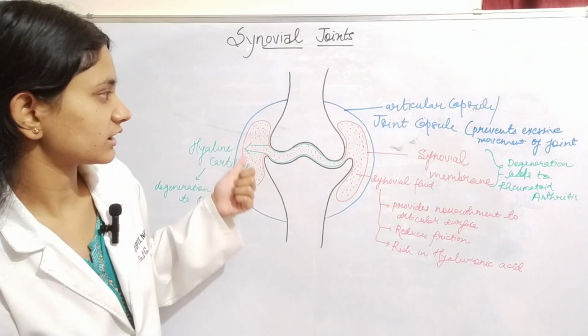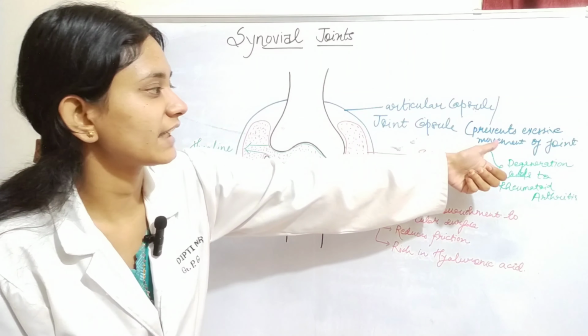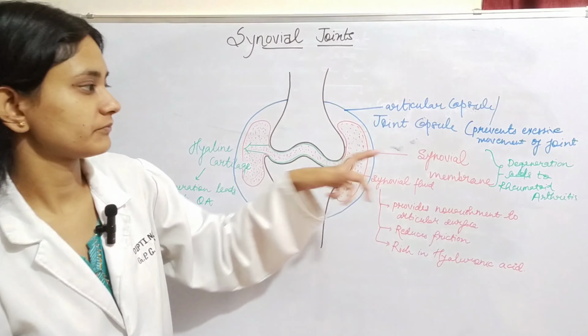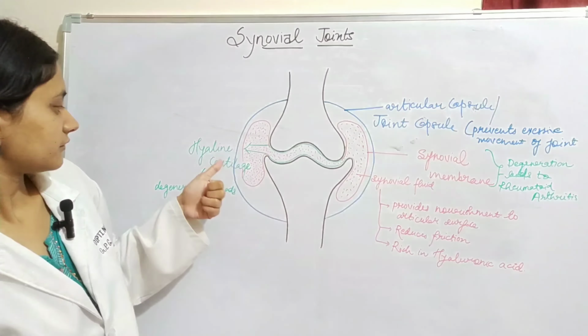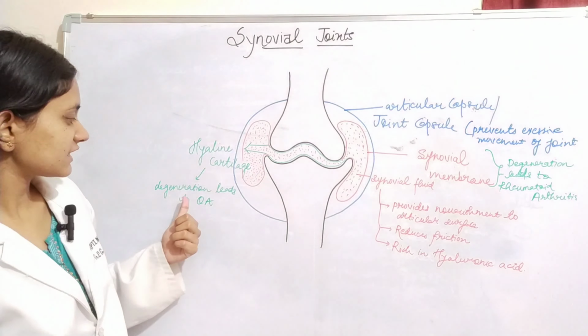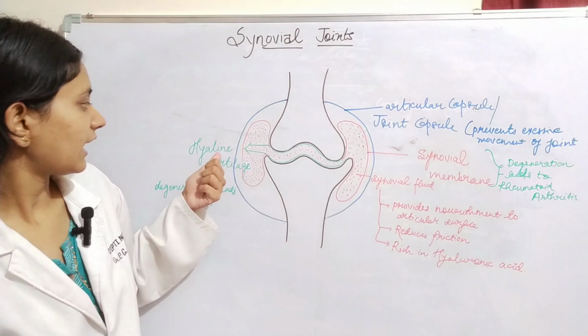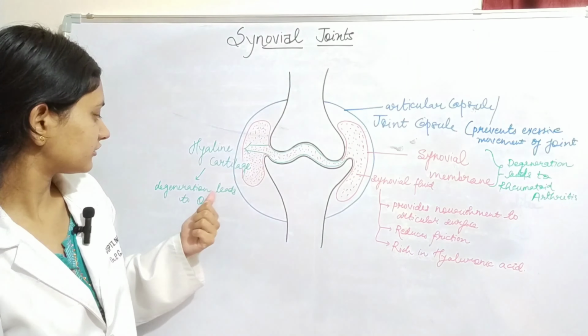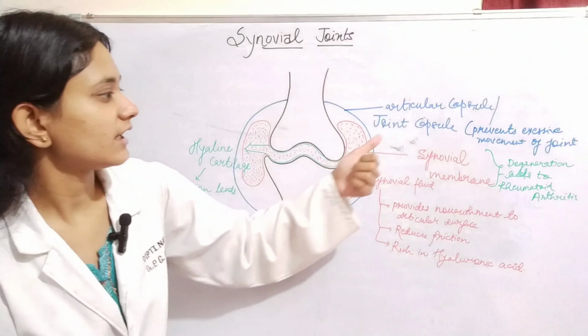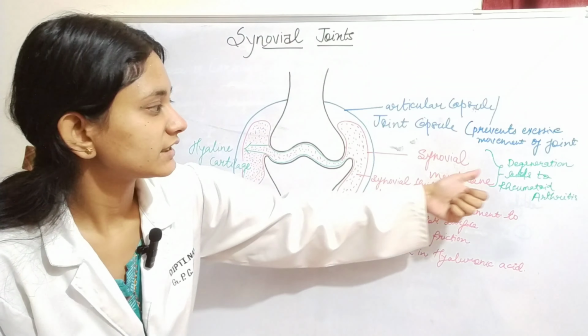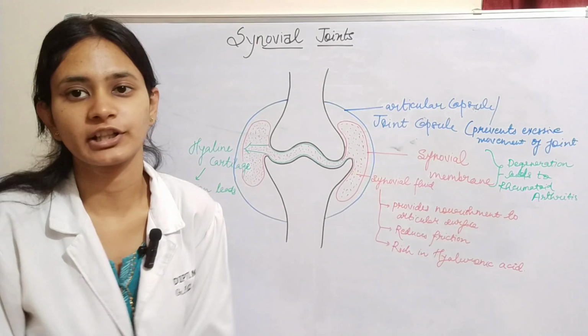Now this articular capsule has a function of preventing excess movement of joint, and if the hyaline cartilage degenerates, it will lead to osteoarthritis, and if synovial membrane degenerates, it would lead to rheumatoid arthritis.